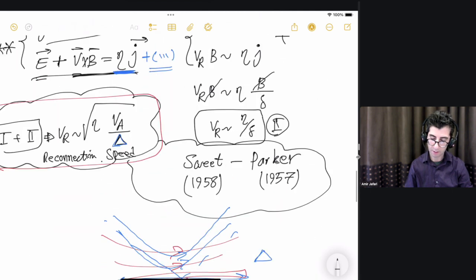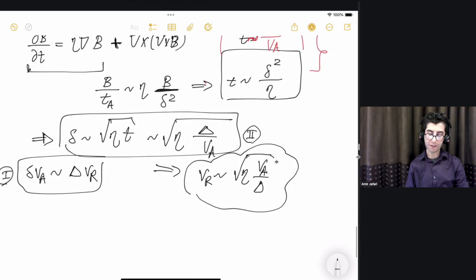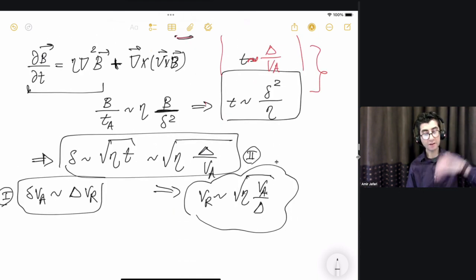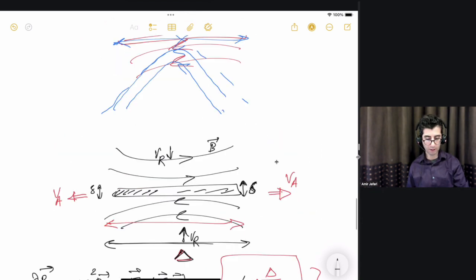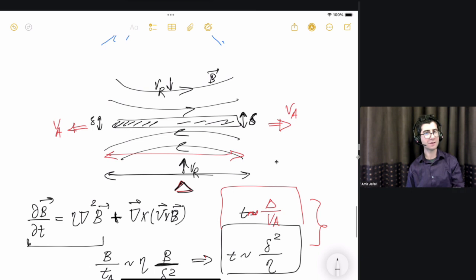The Sweet-Parker connection. So if you think about the diffusion of magnetic field, just normal resistive diffusion, diffusion by resistivity, you get the same result as we got before using other concepts, the current, and the Ohm's law, etc. So it looks like a consistent picture.